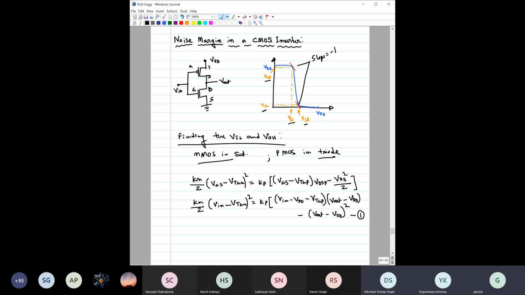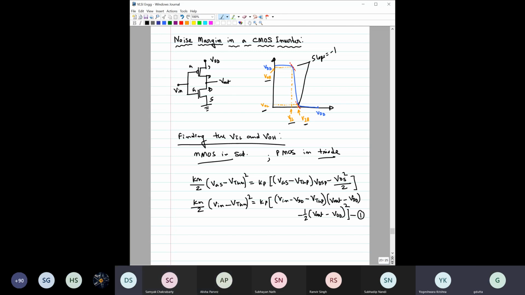Then VTHP will be plus, because VGS minus VTH, VTH would be plus. VTHP will be plus because it is negative. Do all of you agree? So it will be minus only, but there should be a mod over there.